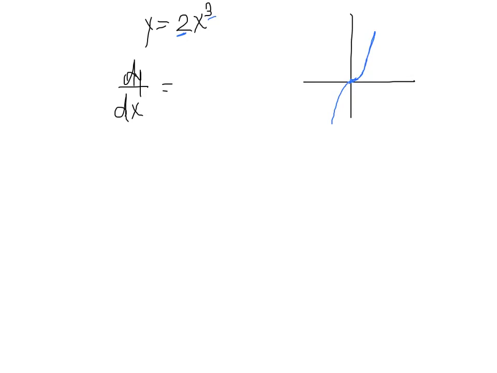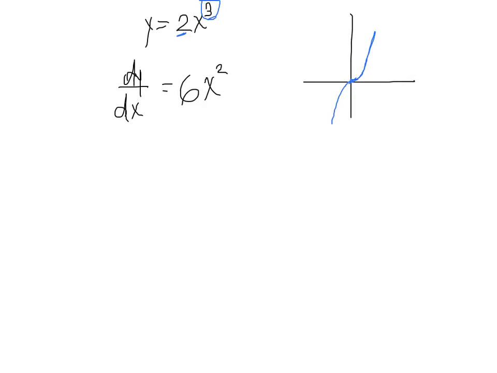So 2 times 3 gives you your new coefficient, which is 6. We still have x here. And to get the new exponent, we have to subtract 1 from the old exponent. So 3 minus 1 will give you the new exponent. So our new exponent is 2.